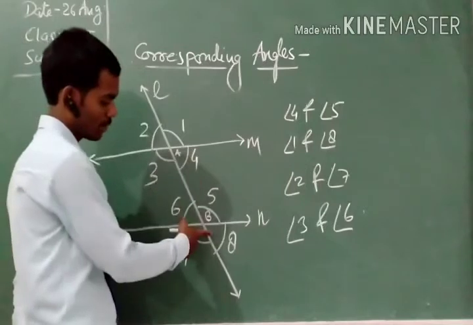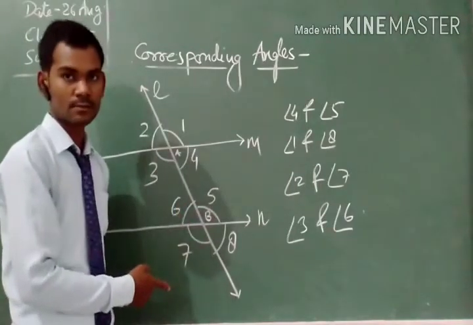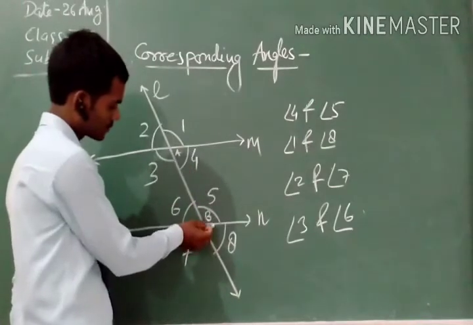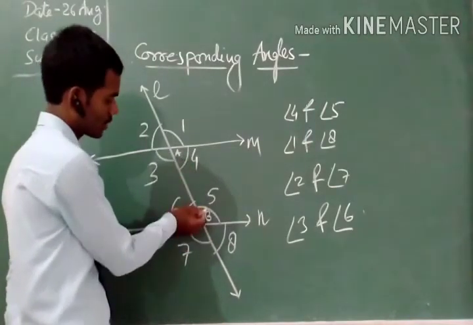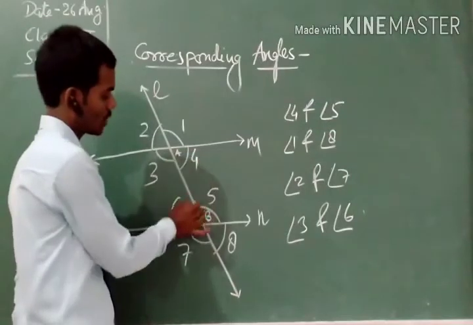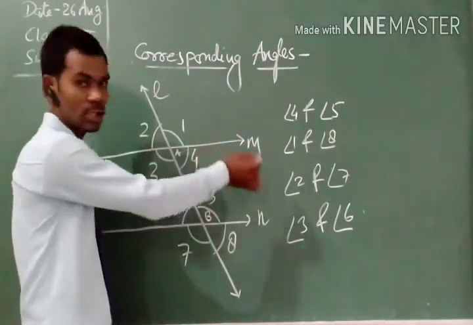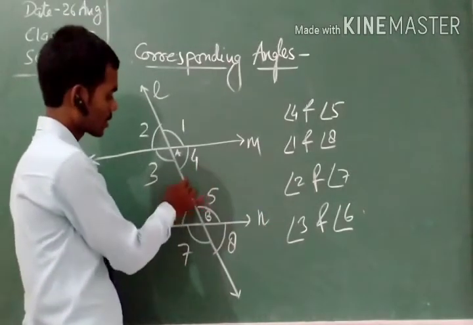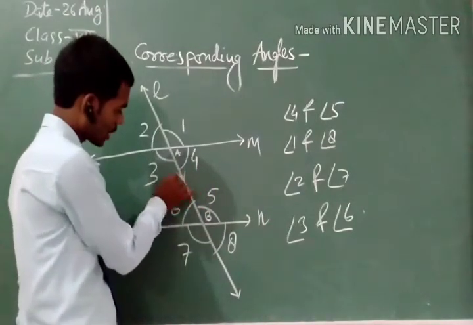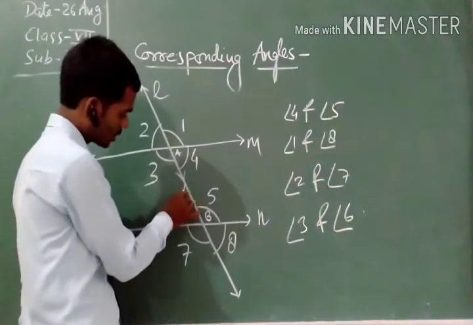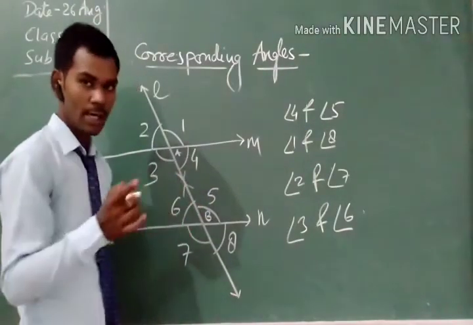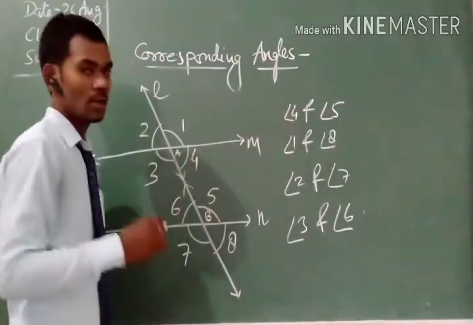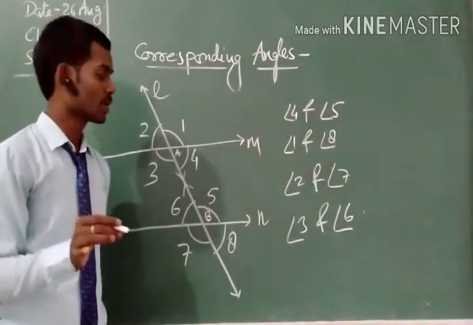In angle 4 and angle 5, one arm of these two angles is on the same side of the transversal, and their other arm is formed by the transversal pointing in the opposite direction, so angle 4 and 5 are corresponding angles.